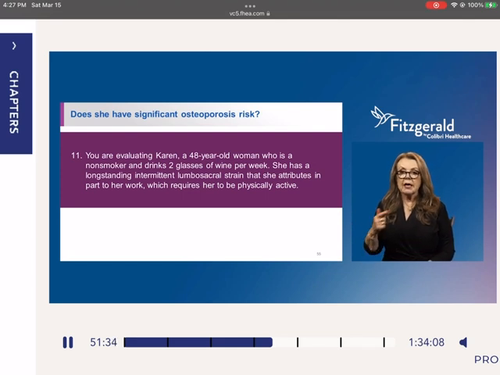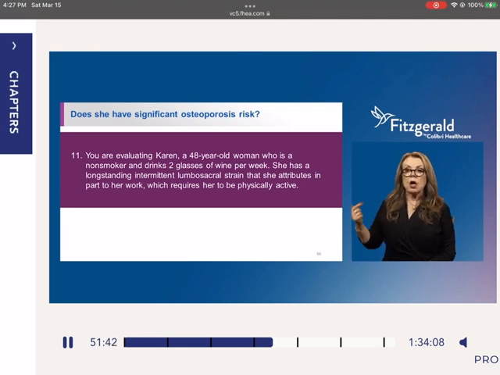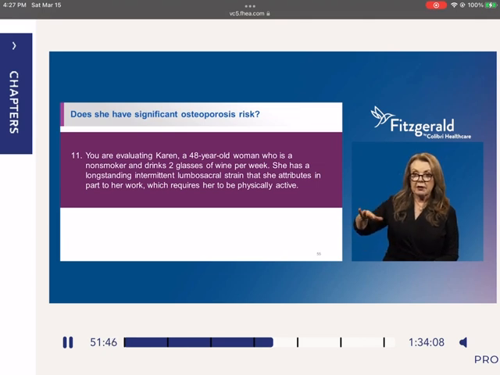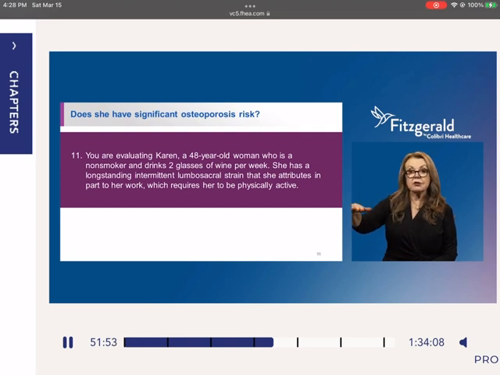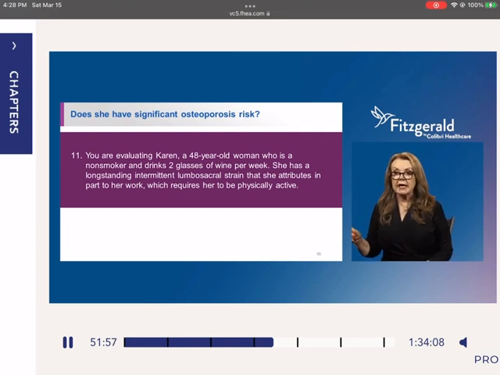She's 48 years old. How old is the average woman in the United States when she has her last menstrual period? 50 to 51 years of age. Assume then that Karen is perimenopausal, but not postmenopausal, and because she's premenopausal, that reduces her osteoporosis risk. She says she does physically active work. I would like to know a little bit more about that, but we just have to deal with what we have.